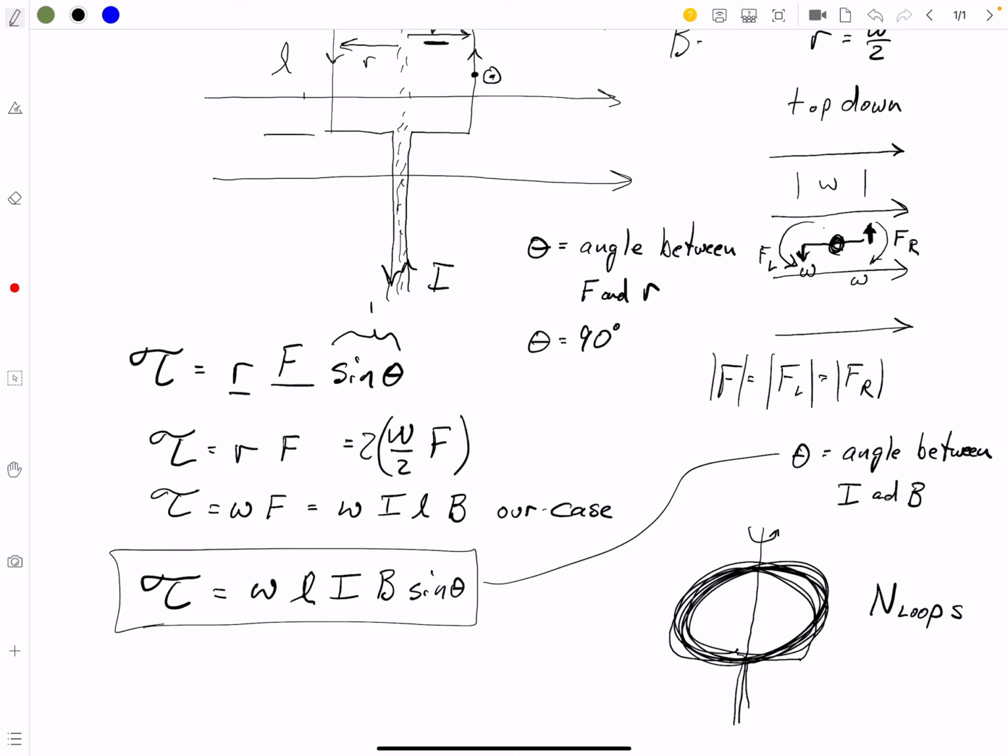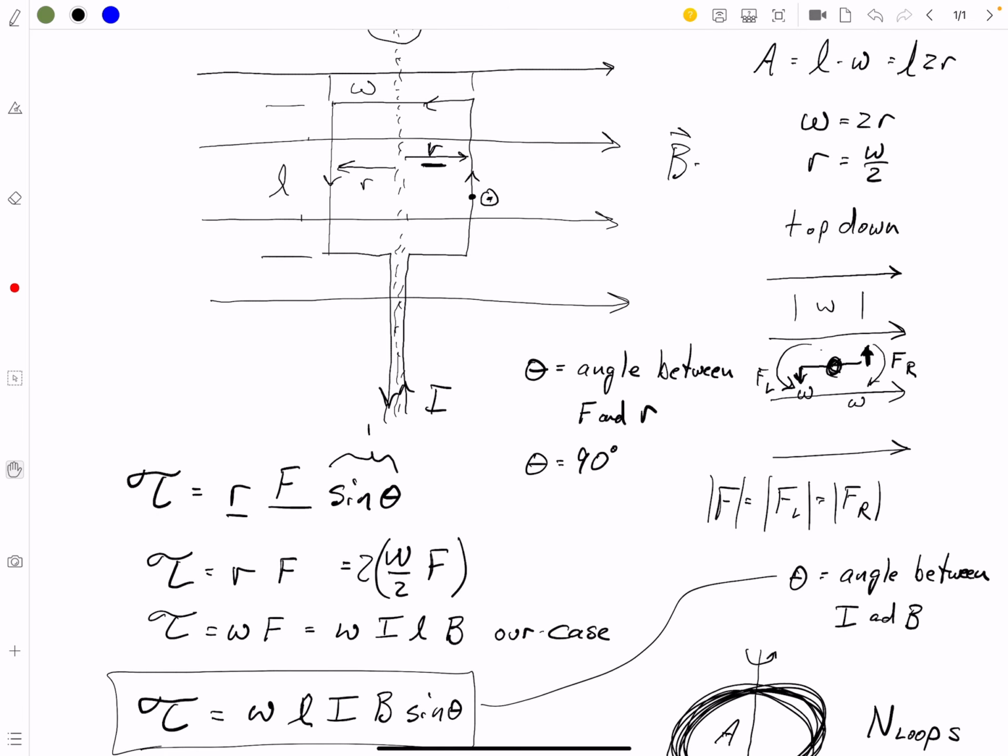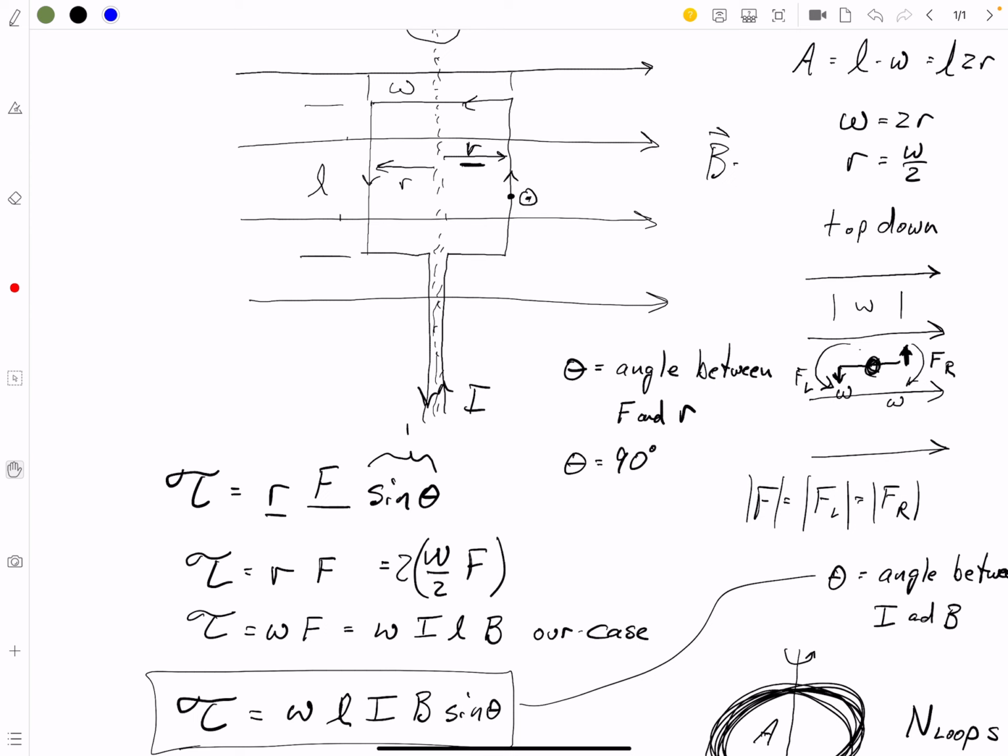Then that means that our torque is equal to n. Real quick, the area on the inside is key. So let's just break this down for a second. Our width down here in blue.